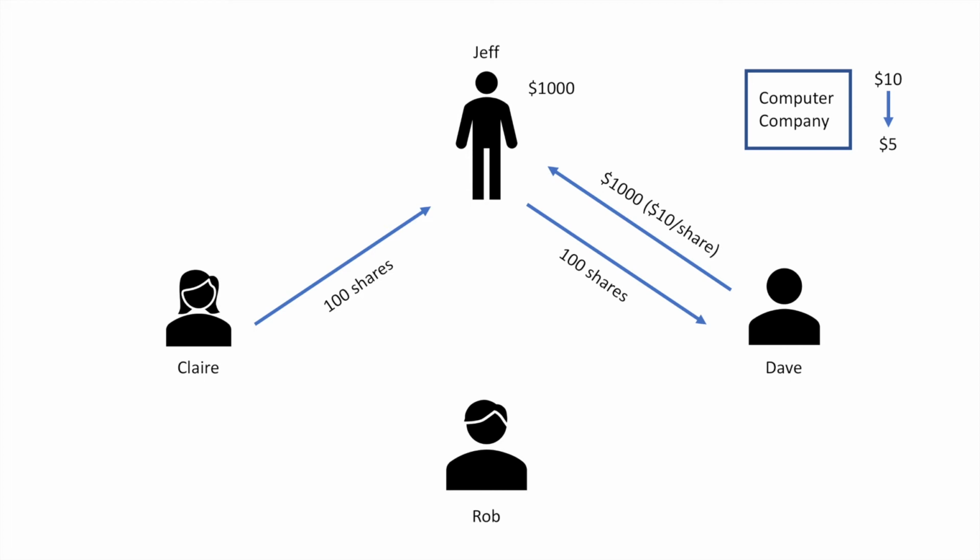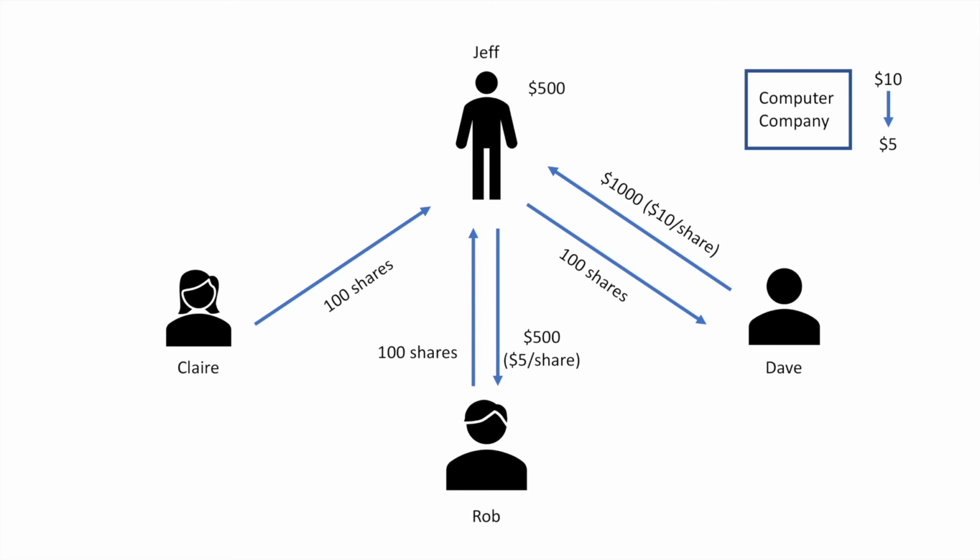And so Jeff is going to buy 100 shares from Rob. So it's going to be a total of $500 that he's going to be giving Rob, since it's $5 for 100 shares now. And Rob is going to give Jeff 100 shares, and the amount of money that Jeff has in his pocket has changed to $500 now. Because he had $1,000, he bought 100 shares now at $5 per share, so he paid $500. He's left with $500 in his pocket.